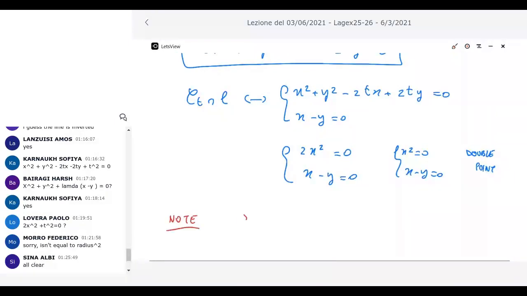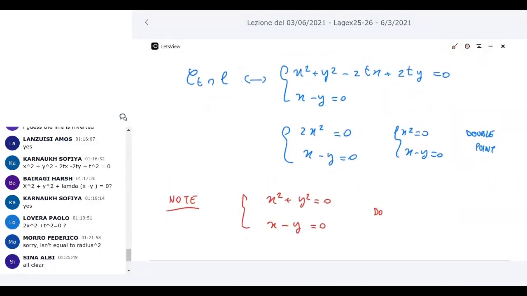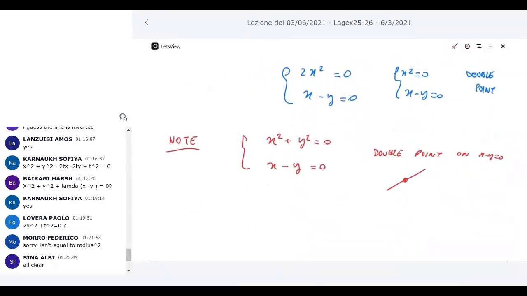You can take the x squared plus y squared equals 0 circle, which is a degenerate circle, which is just the origin. Then you take the line x minus y equals 0. This system is defining just this double point on the line x minus y equals 0. So if you produce an equivalent system, all will be fine.